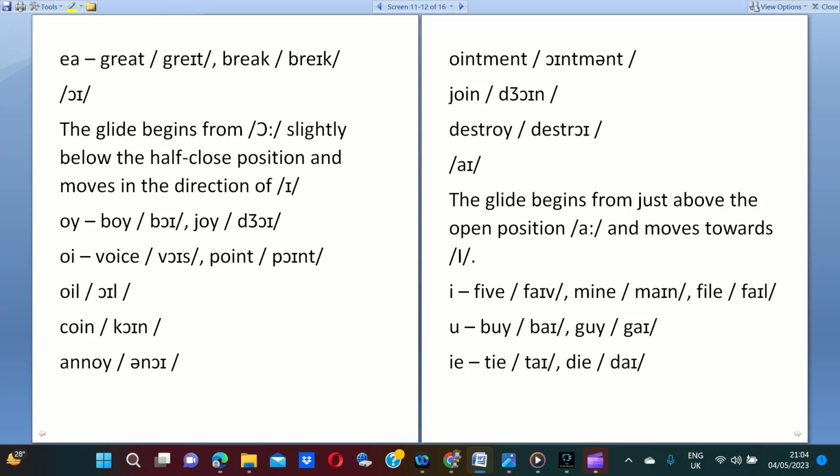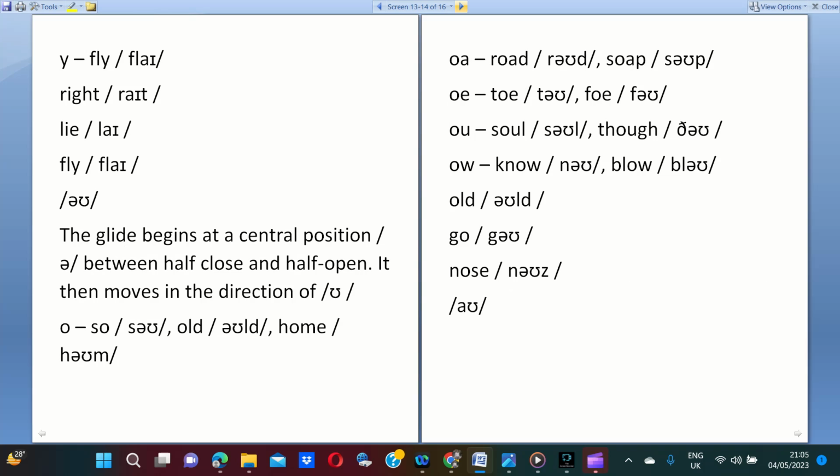Whenever you see OI, OY, you need to utter this sound. Next, I. Here, gliding happens from the front position to the front position. Here, our mouth is in an open position. While producing this diphthong, our mouth is in an open position.